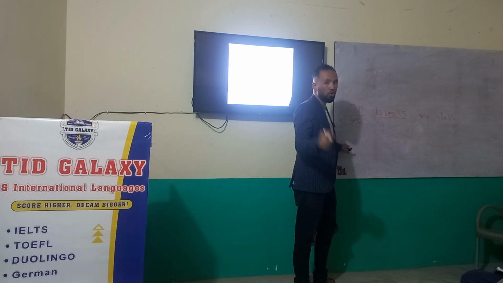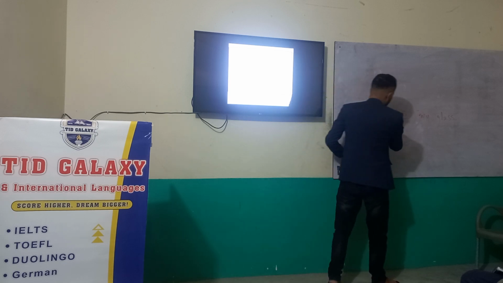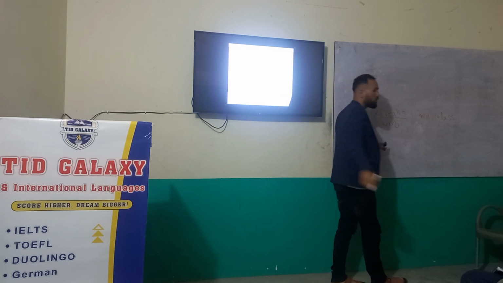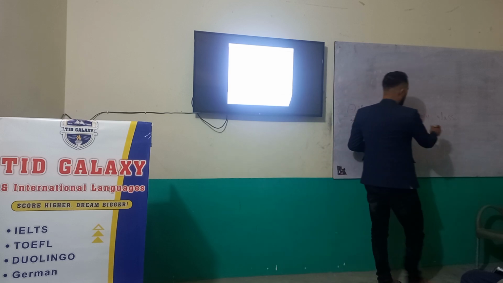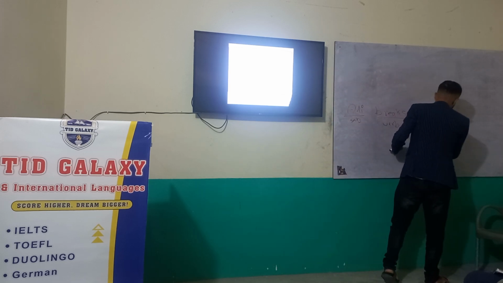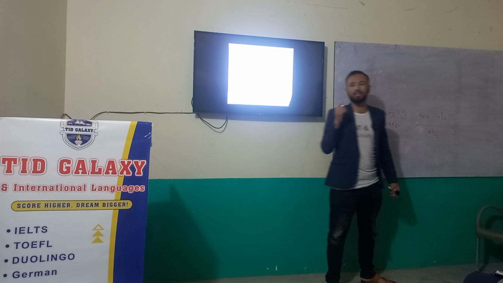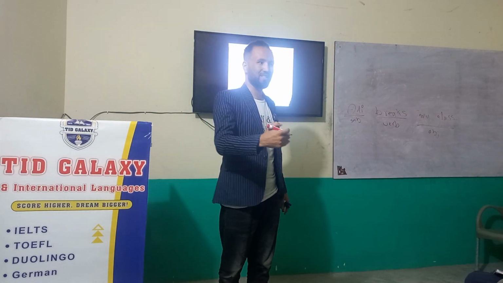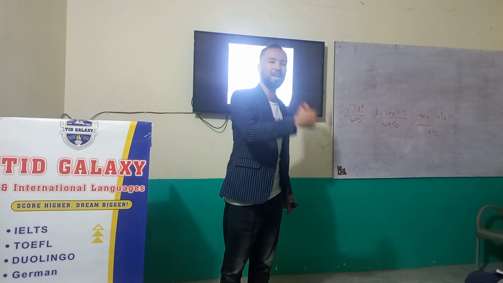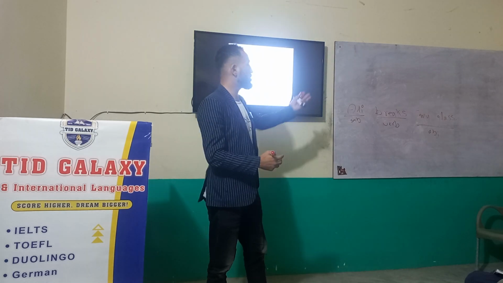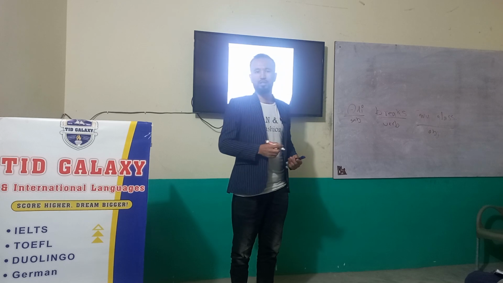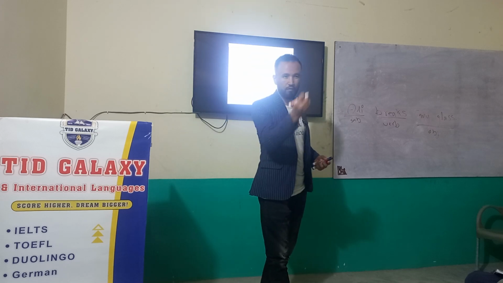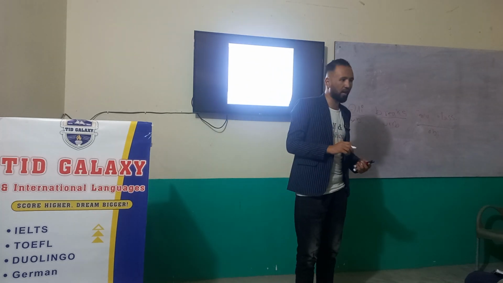Then you should find your verb. Then you should find your object. These three things are important in passive voice. If you want to change an active sentence into a passive sentence, these three things are important in a sentence: subject, verb, and object. Got it?